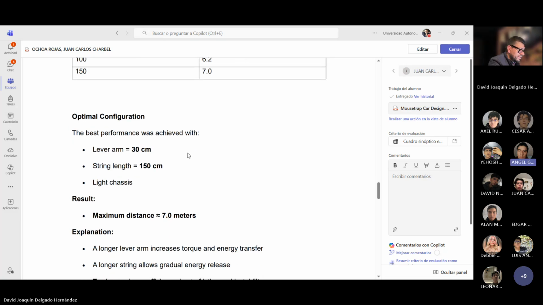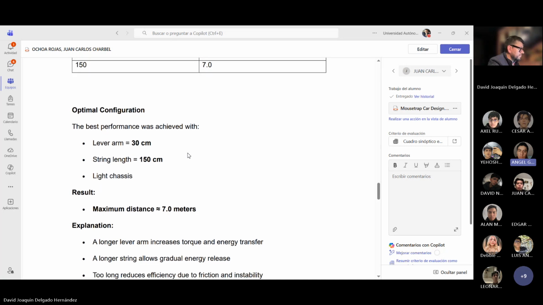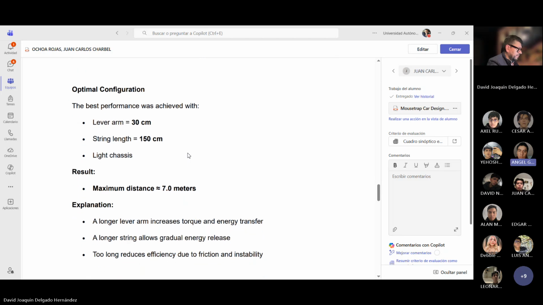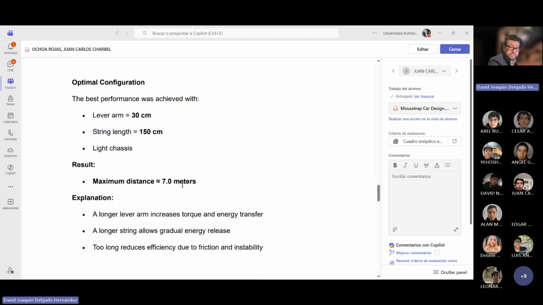Well, as you can see, the lever arm is 30 centimeters and the string length is 150 centimeters with a light chassis. And you can reach theoretically 7 meters, right?